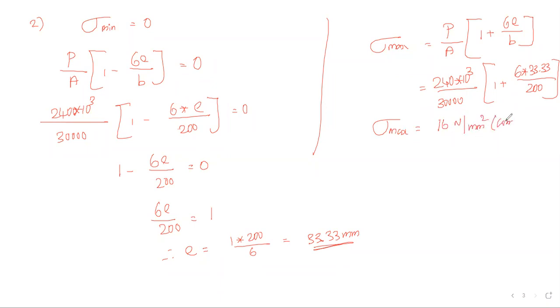This is positive, so it is compression. Your stress diagram will be like this: sigma minimum is 0 and sigma max is 16 Newton per mm square.